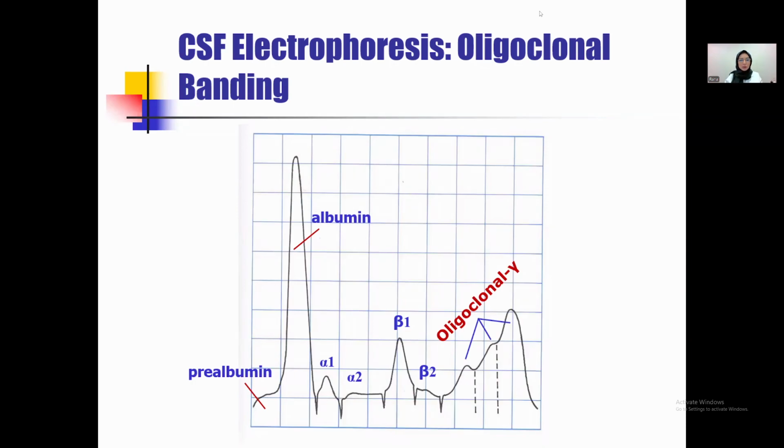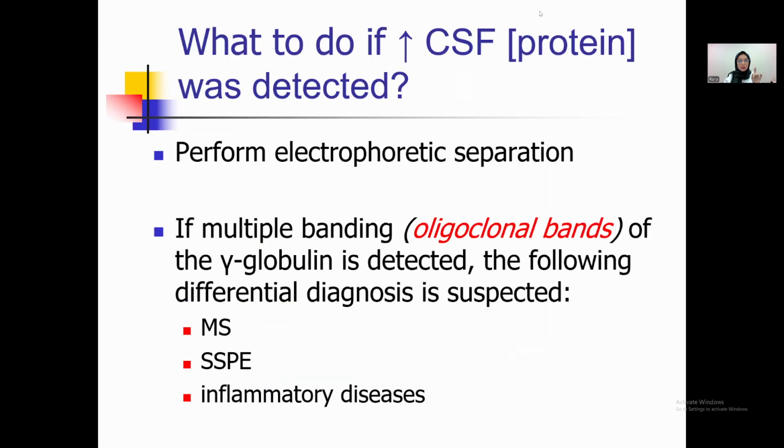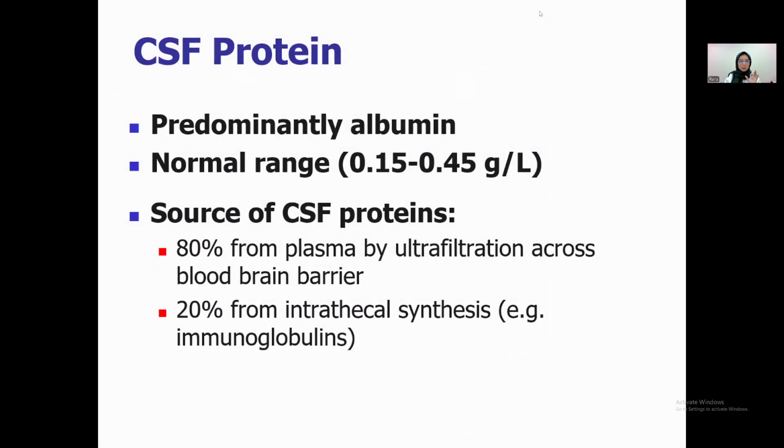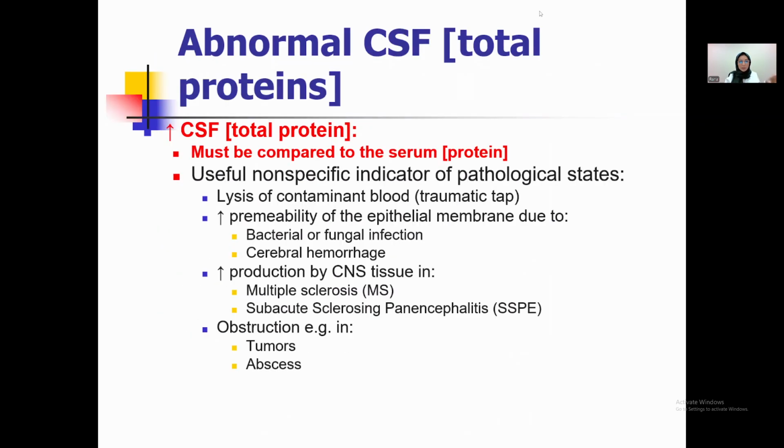diagnose multiple sclerosis. So let's quickly summarize the CSF protein from the beginning. Protein is mainly albumin, 80% of it, 20% comes from blood by ultrafiltration and 20% from local synthesis, mainly immunoglobulin.